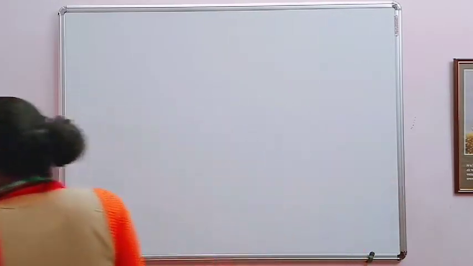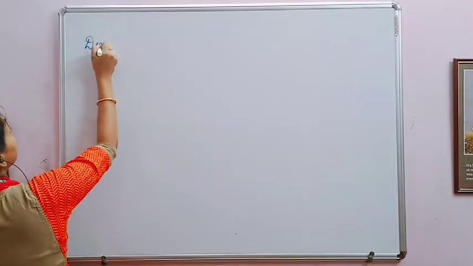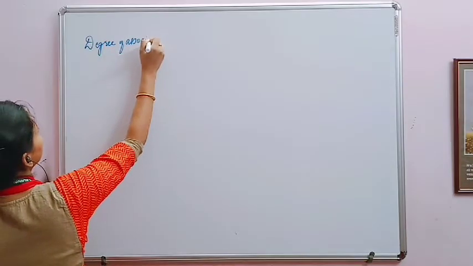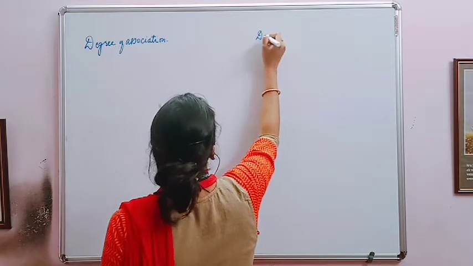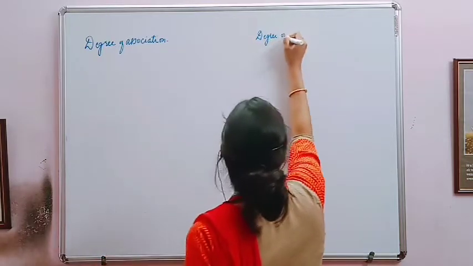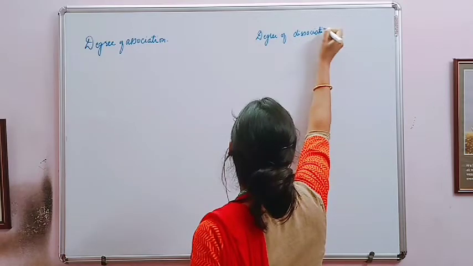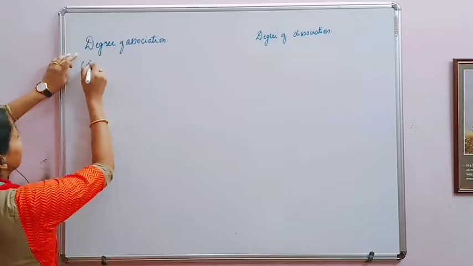Alright, so we have degree of association and degree of dissociation. Degree of association is given by alpha.